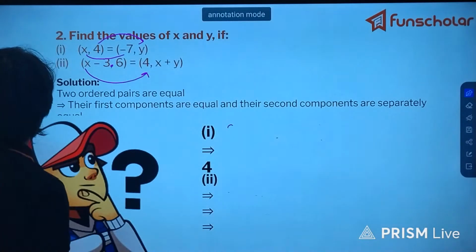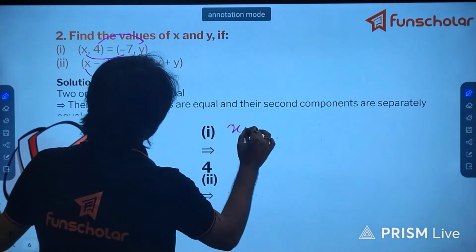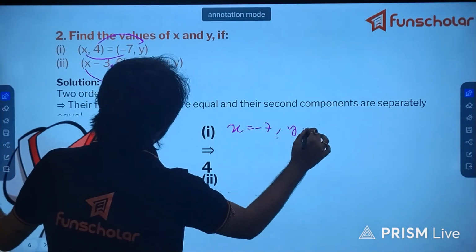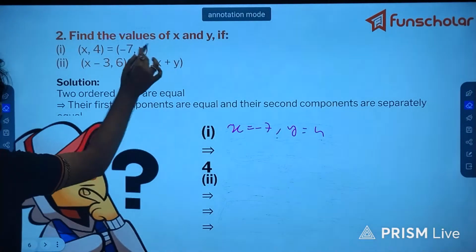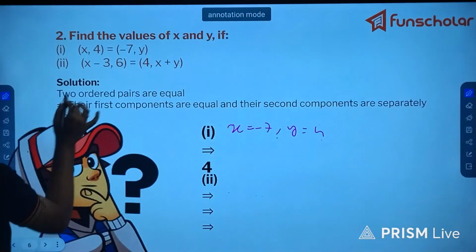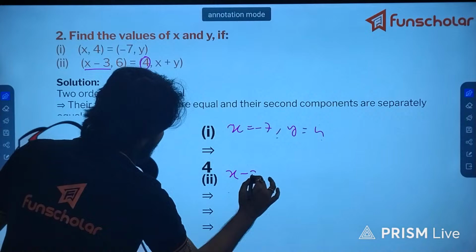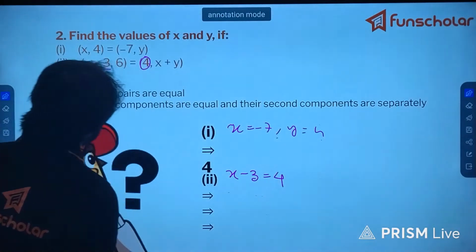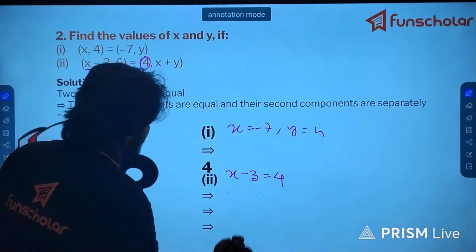For the first case, x equals -7, y equals 4. For the second case, the first component is x - 3, which is equal to 4, and 6 equals y, the second component is x plus y.